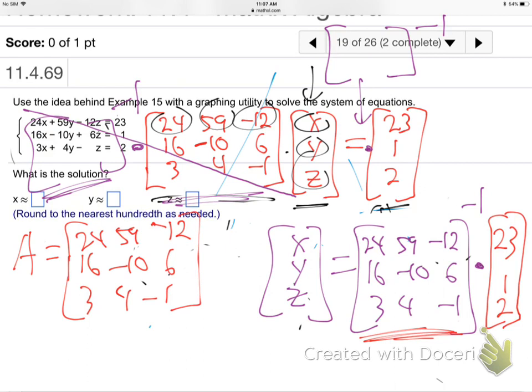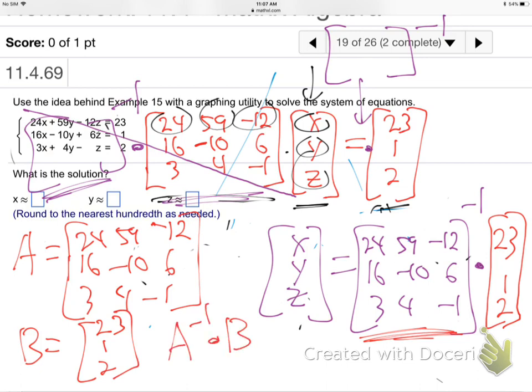Let that be A. Let B be the 23, 1, 2 matrix, and take A inverse times B. And that'll be your answer. Just hit the buttons on your calculator. In one step, you'll get the answer. A inverse times B.